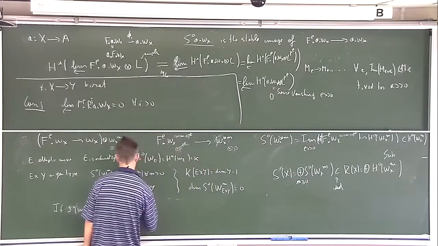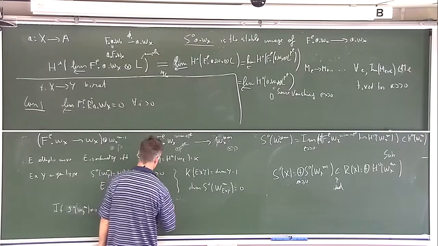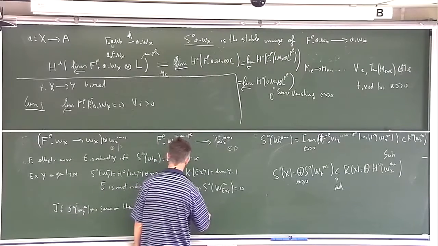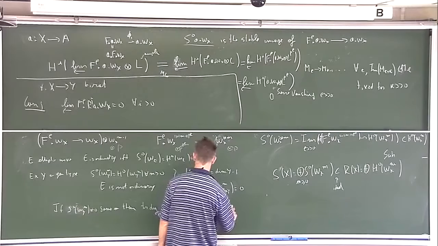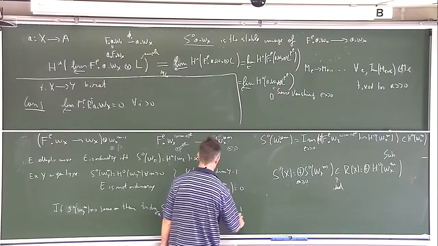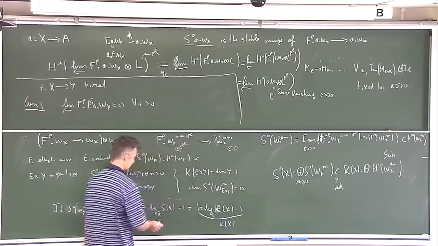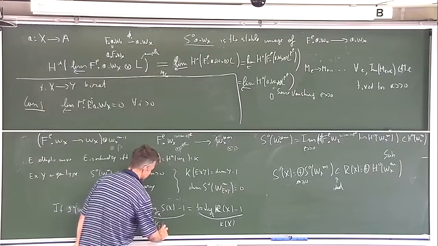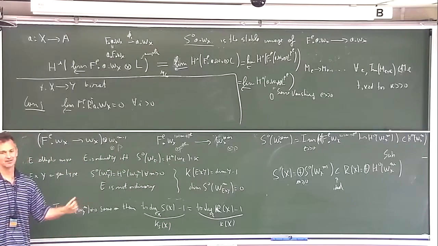So the transcendence degree of S(X) over k minus 1 is the same as the transcendence degree of R(X) over k minus 1. This is what we call the Kodaira dimension of X, and this is what we'll call the stable Kodaira dimension of X, the Frobenius stable Kodaira dimension of X. They're the same number.